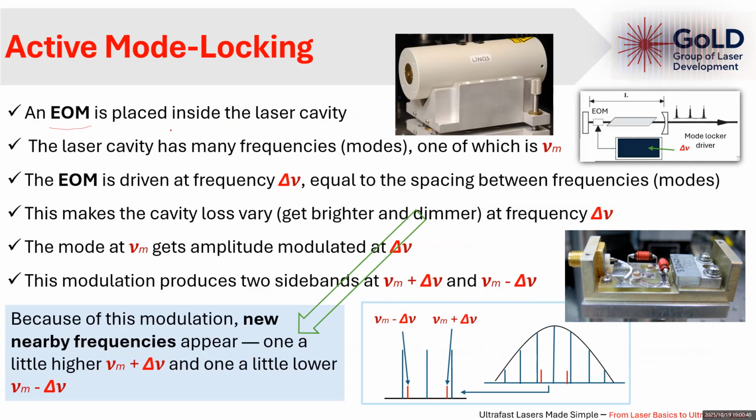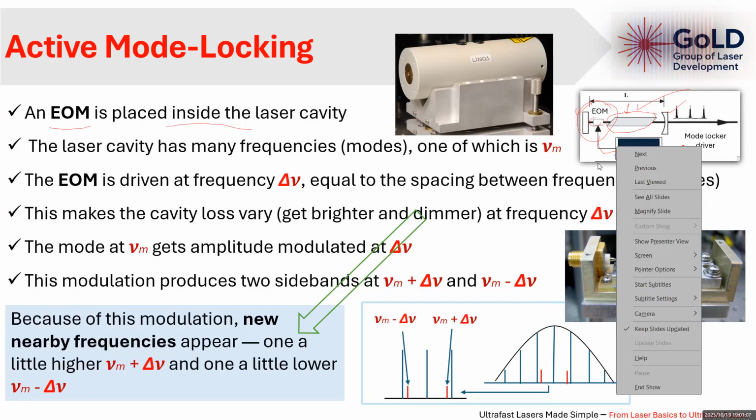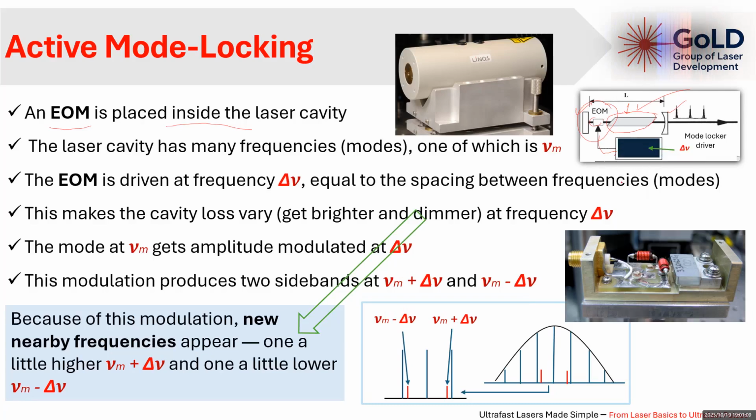If you see here, this is the cavity, and this device, the optical switch, is installed inside the cavity. This is the gain medium, and these are the mirrors. This device is connected to a driver, which has electronic circuits.